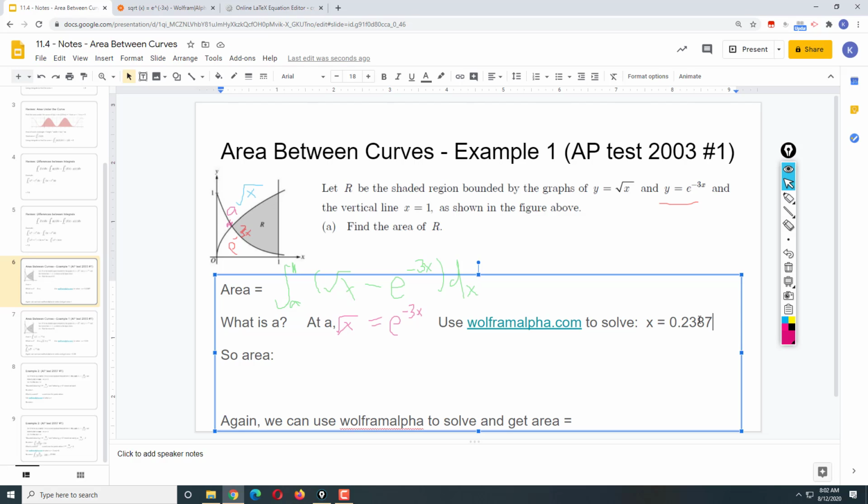Okay. So our area then has to be the integral from 0.2387 to 1 of square root of x minus e to the negative 3x dx. Again, we can use our Wolfram Alpha, our calculator, to solve this integral for us.